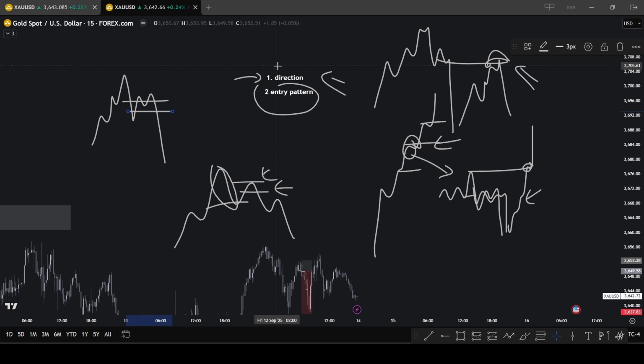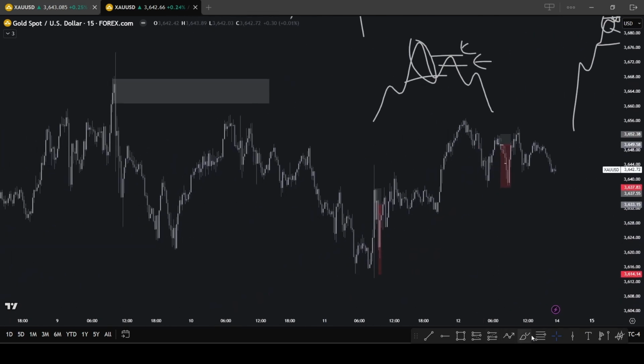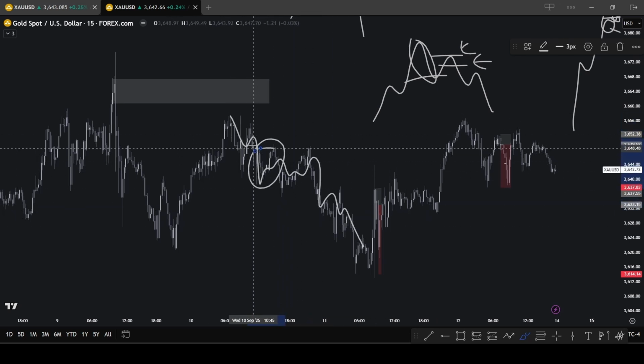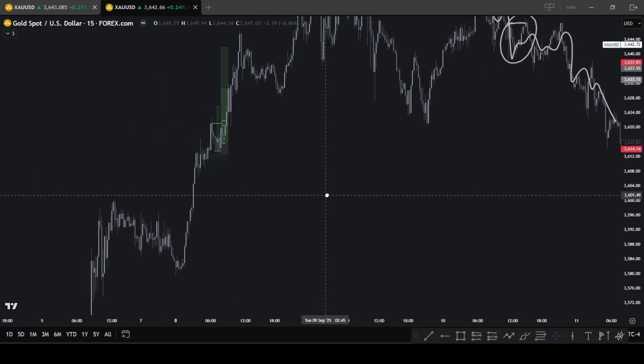We are not going to sell in the middle of the move. If you see a small structure here, but we are in a downtrend, then longing here in the middle of this downtrend doesn't make sense. So for that you need a direction.